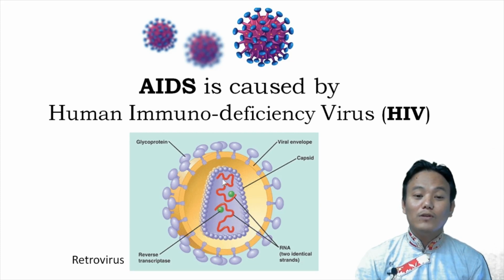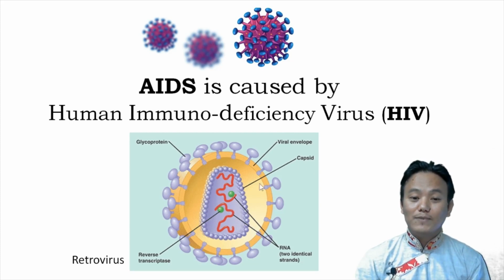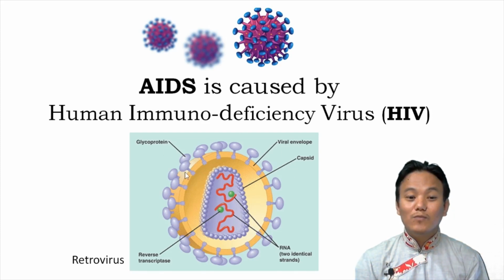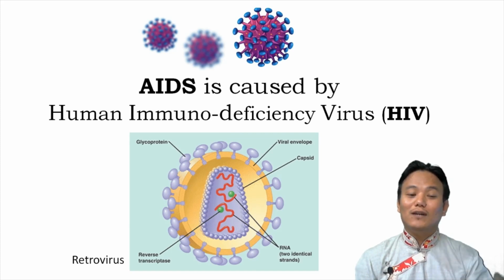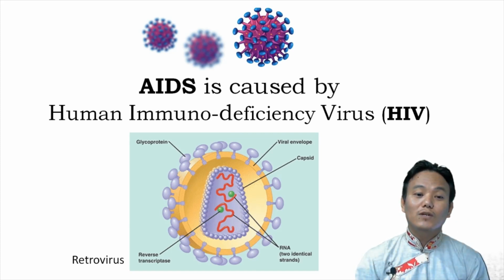These RNA molecules are enclosed within a protein capsid, and outside the capsid there is one more layer called the viral envelope. On the viral envelope you can see protruding glycoproteins, and these are pretty important. They use them for recognition of their target and for attaching themselves to target cells during infection. So HIV is a retrovirus, and you should remember this structure of HIV.